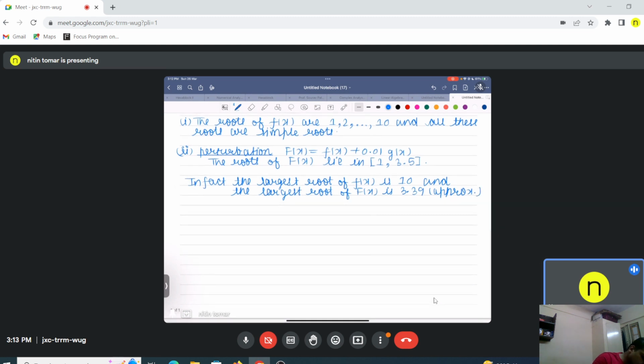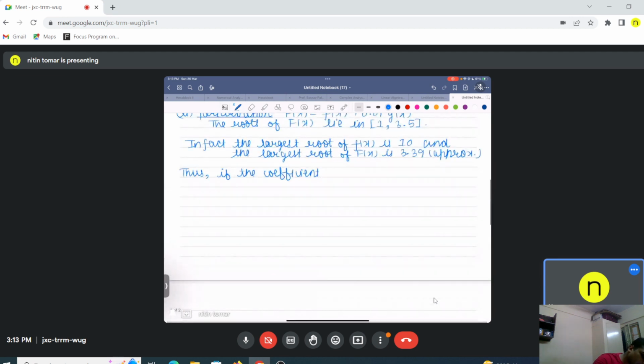So basically it shows that if the coefficient of x power 10 is perturbed by a small amount of 0.01, see, this was a very small amount, right?